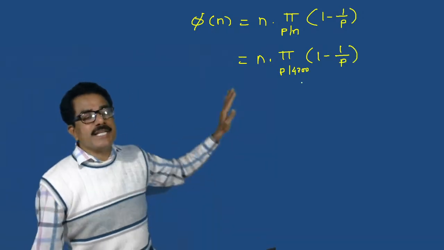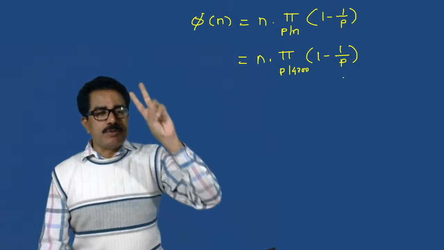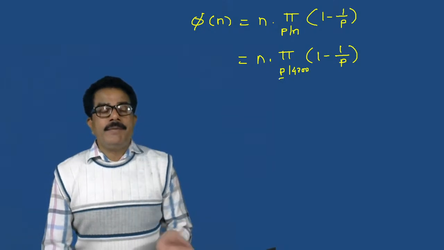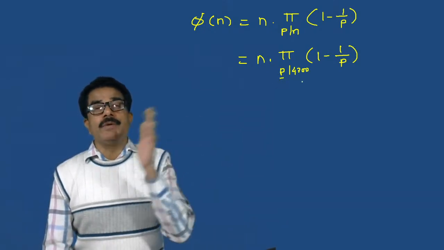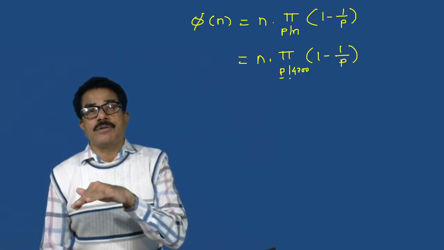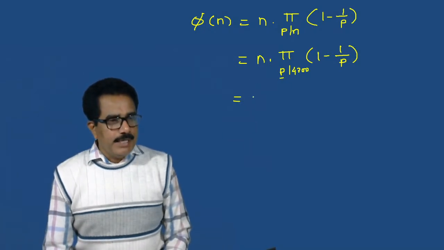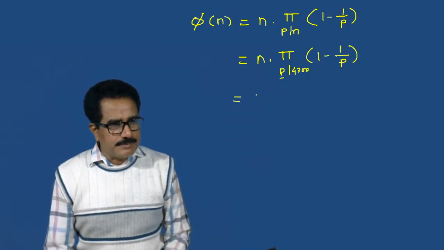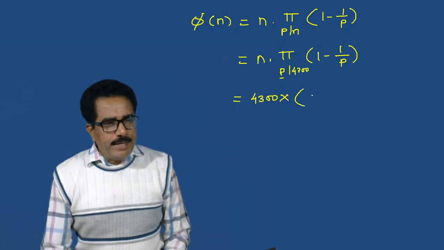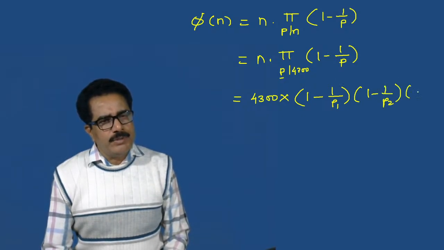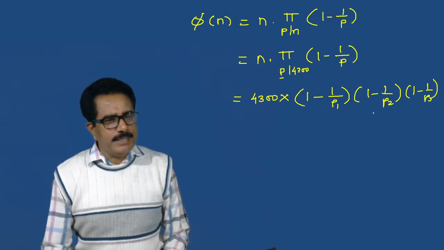But here in this case there are 3 values, p1, p2, p3. So p means p1 divides 4300, p2 divides 4300, p3 divides 4300. So we can write this as n means 4300 into p1, 1 minus 1 upon p1 into 1 minus 1 upon p2 into 1 minus 1 upon p3.